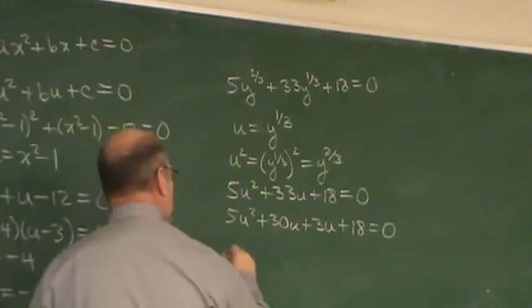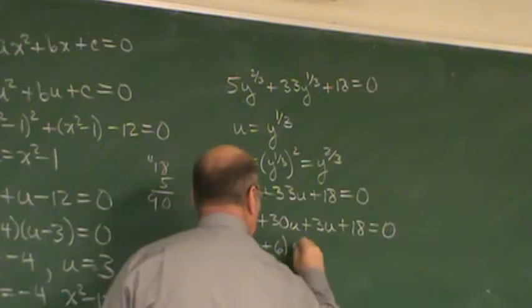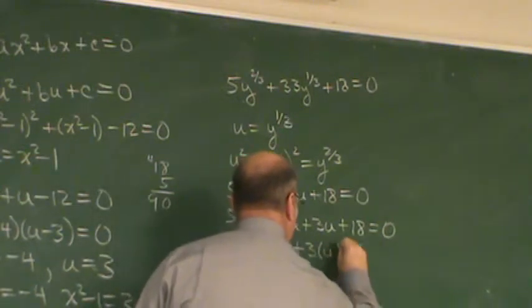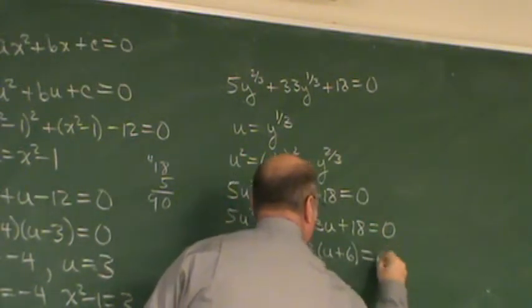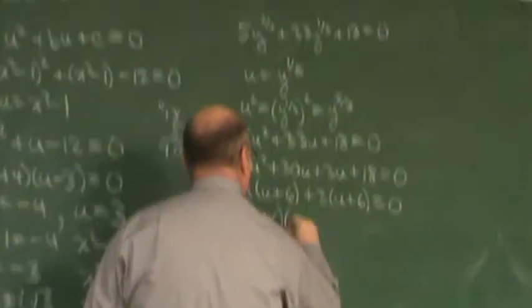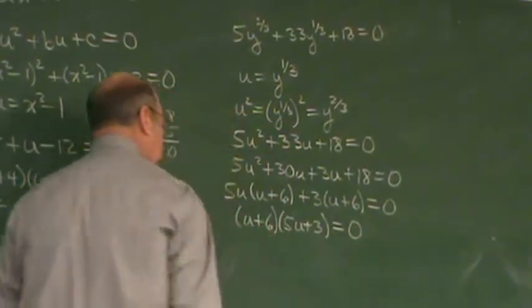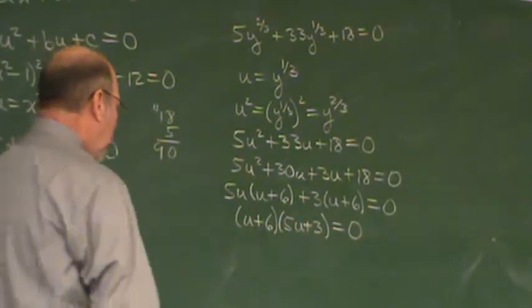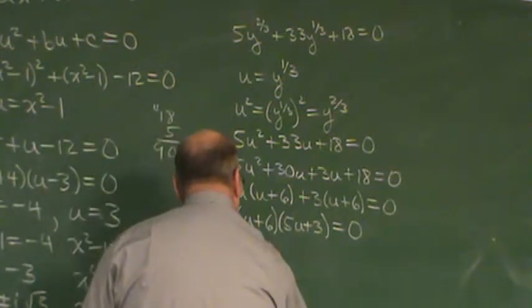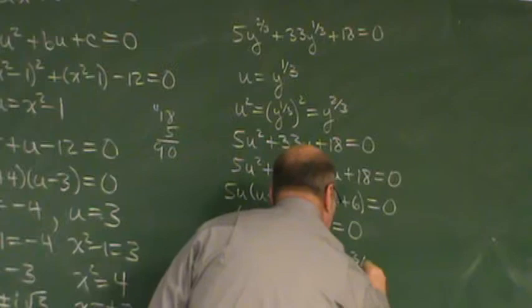Factoring that by grouping, you can pull a 5u out from the first two, you get u plus 6. Pull a 3 from the second two, you get u plus 6. Now we have a common factor of u plus 6. So we have that. And that gives you solutions of u equals negative 6 or u equals negative 3/5.